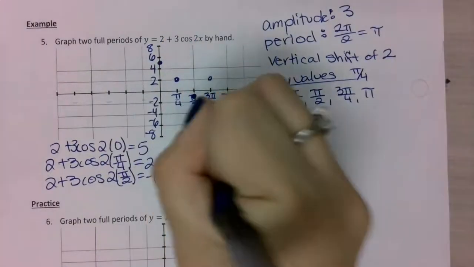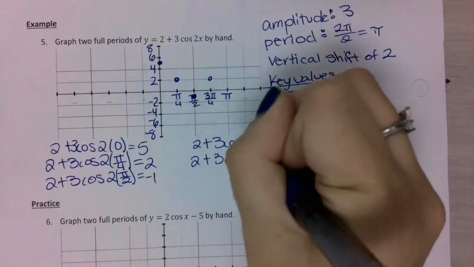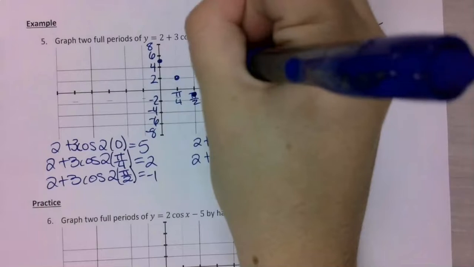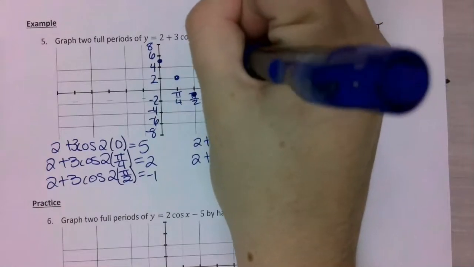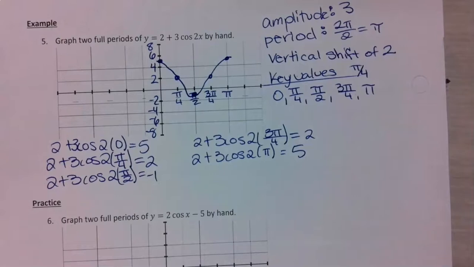And pi. Okay. So then I just connect my points. And then again, because I want two full periods, I'm going to go a little bit to the left.